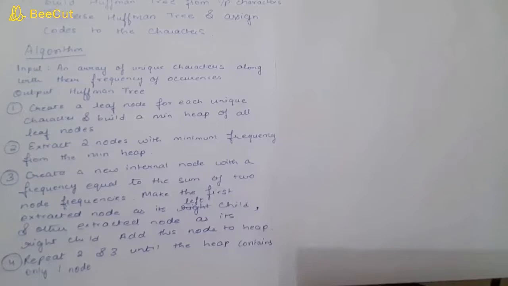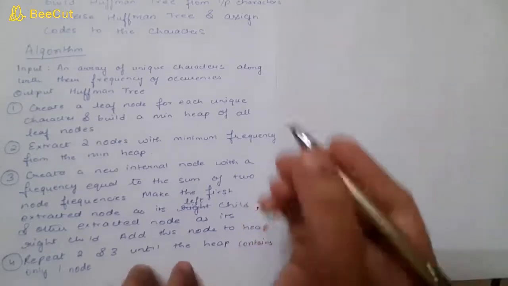So any node can have 0, 1, or 2 children. A minimum heap is a binary tree such that the data contained in each node is less than or equal to the data in the child nodes.